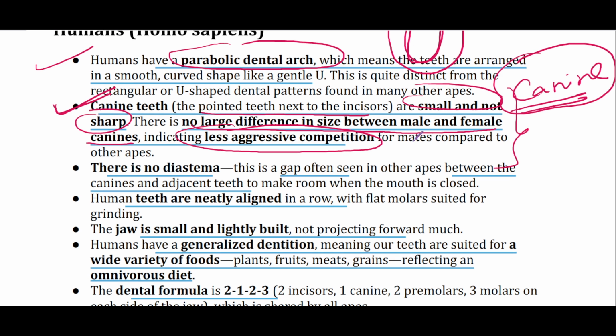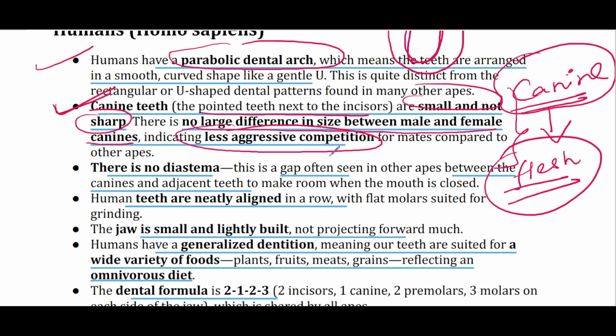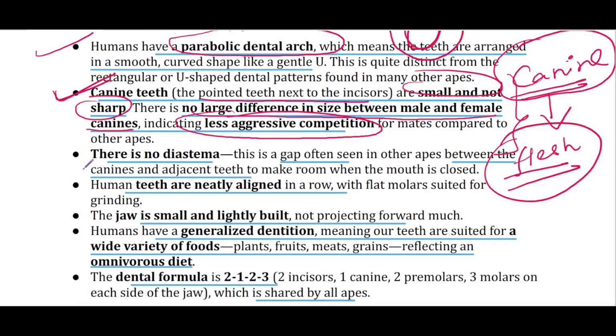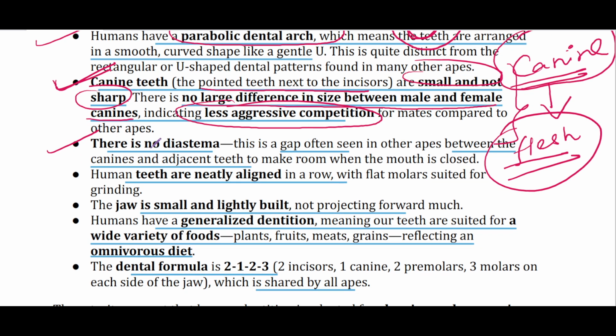तो आप लायंस की बात कर लेते हैं या जितने भी कार्निवोर्स हैं, उनमें जिनमें मेट कॉम्पिटिशन है, तो वहाँ पे जो कनाइन है, द टीथ विच इज देयर फॉर टीयरिंग फ्लैश, तो ह्यूमंस के अंदर वो नहीं है. Then there is no diastema. So diastema is a gap between canine and incisor.